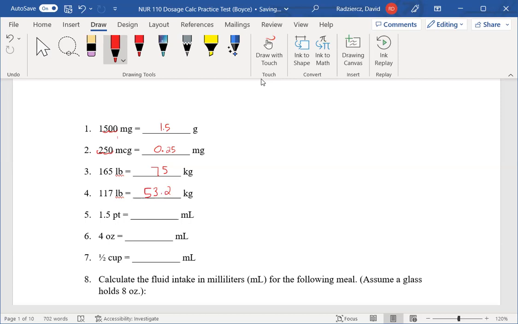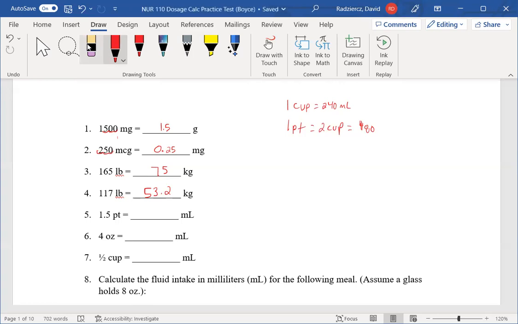All right. Now, pints to milliliters. I always have to sit there and go back and think about what this is. I know that 1 cup is 240 milliliters. And I know that 1 pint is 2 cups, which is 480 milliliters. And if I'm saying something wrong, please stop me so I don't say that incorrectly.